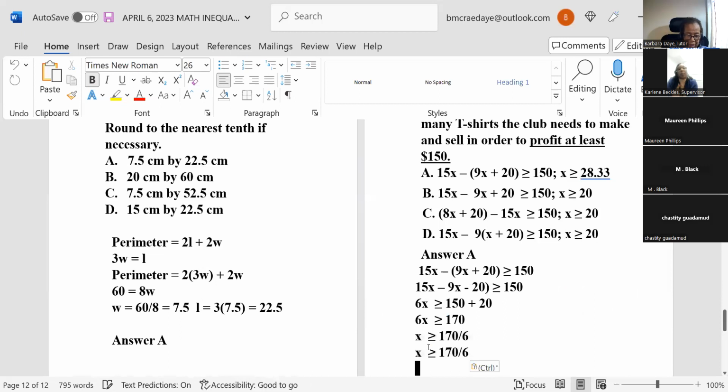So that would be your answer: X greater than 28.33. To get that profit of 150, you just have to sell at least 28. If you sell more, you get greater than or equal. You could get a greater profit if you sold 30, but you've got to sell at least 28.